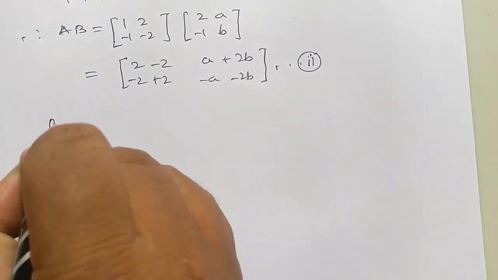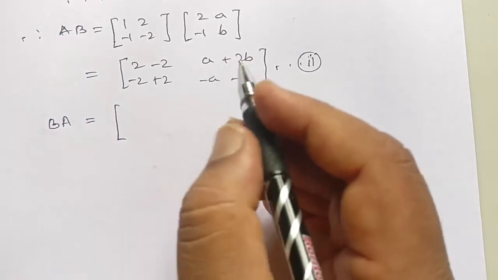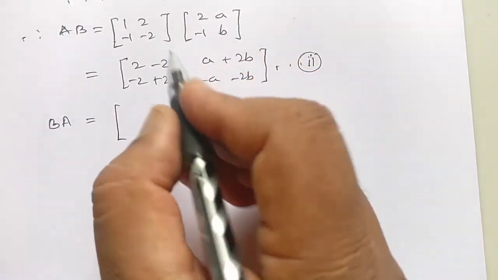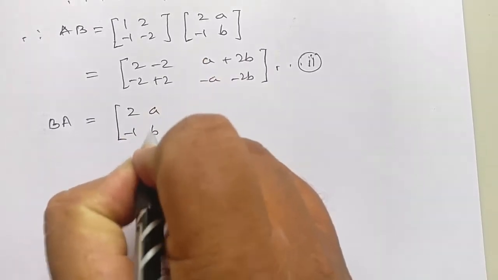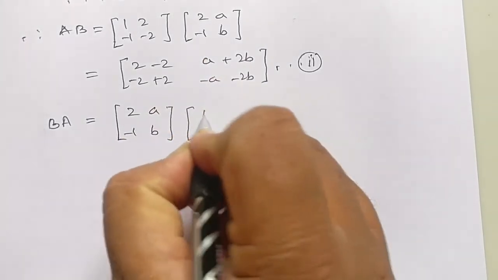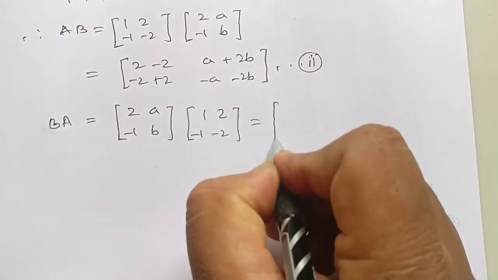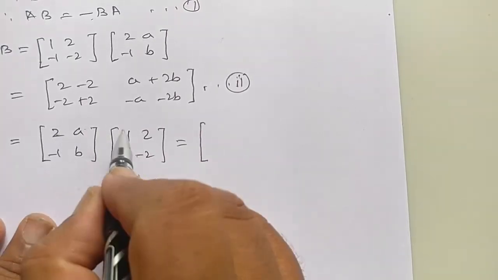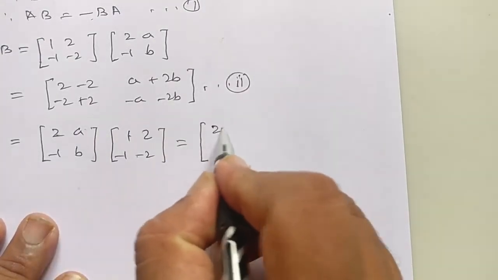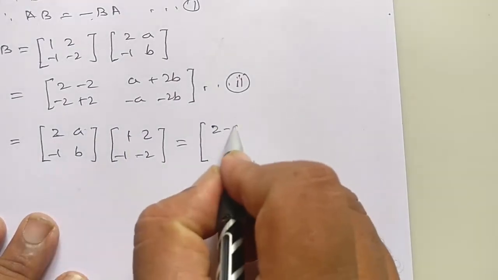Now we find BA. BA is equal to B, which is 2a minus 1 b, and A, which is 1 2 minus 1 minus 2. We take first row, first column: 2 into 1, that is 2, 1 into minus 1, minus a.